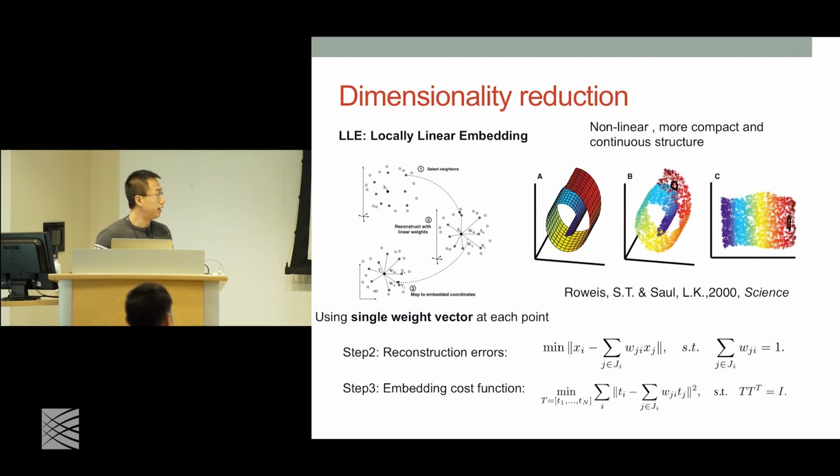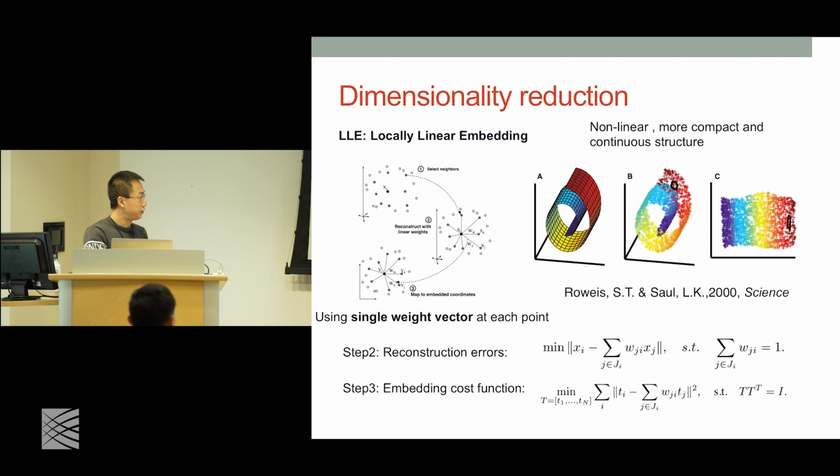The figure on the left shows the workflow of LLE. First of all, for each data point xi, it searches for the nearest neighbors. Then in the second step, it computes the weights, W here, that can best linearly reconstruct xi from all of its neighbors, by solving this constrained least squares problem.